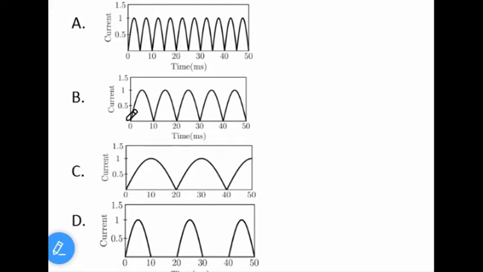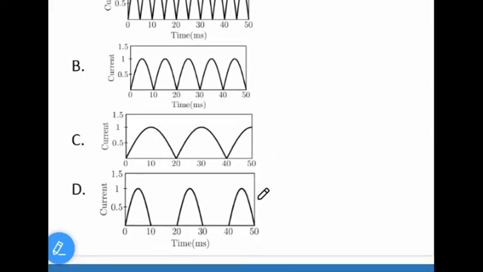In the second answer, for 20 milliseconds there are 2 positive pulses. In C, for 20 milliseconds 1 positive pulse. For D, it is showing 1 positive pulse and the second half is 0 current. Let us see which is the right answer. I will tell through mathematical as well as conceptual.